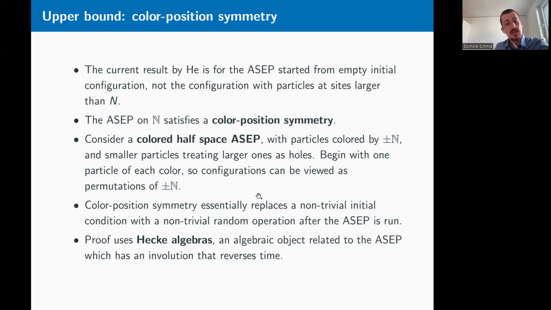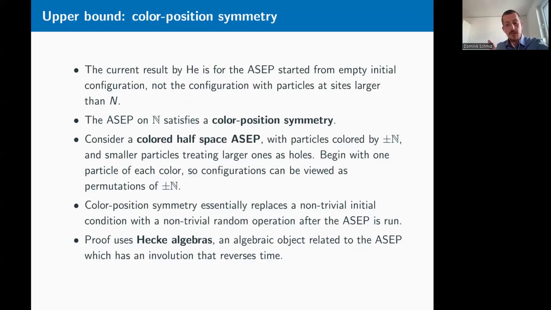If you use this colored version, there's a way to make this rigorous: instead of starting with an initial condition with everything after n packed, you start with empty initial conditions and do some non-trivial moves afterwards. The slack at the very beginning, where we're left to ourselves, allows us to encode these non-trivial random operations in a very nice way, such that we only barely modify the system.